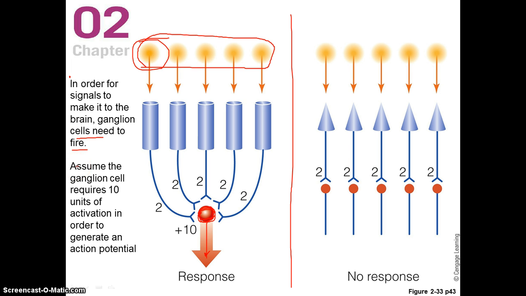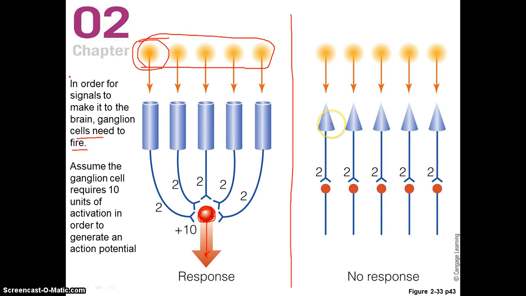And I think we're going to run out of time on this video, so I'm going to stop here, and we'll pick up in the next video with this slide, talking about how the different amount of convergence between rods and cones gives them different properties: rods being more sensitive to light but having lower visual acuity, which means they can't see detail as well as the cones.